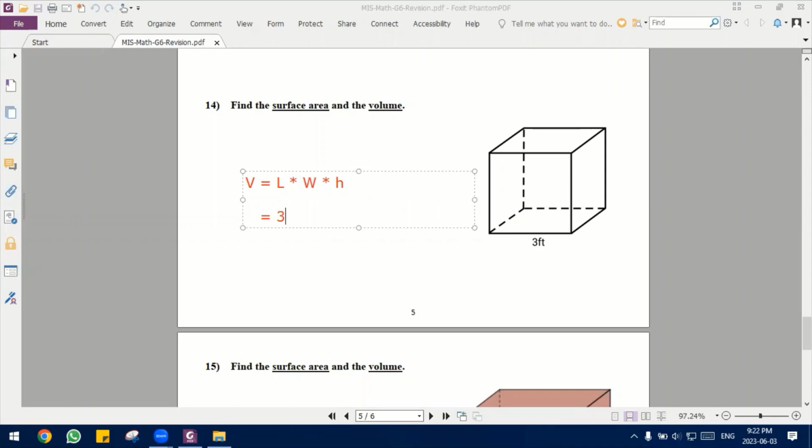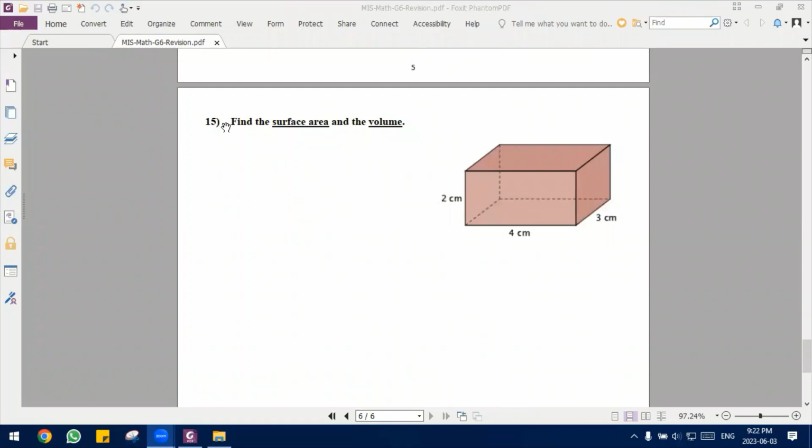All the sides are equal, 3 by 3 by 3. 3 times 3, 9 times 3, 27. And then we have the unit feet. But this time, we're multiplying 3 dimensions, length, width, and height. So the unit is not squared anymore, it's cubed. So always you need to be careful. The unit for the area is squared, but the unit of the volume is cubed.